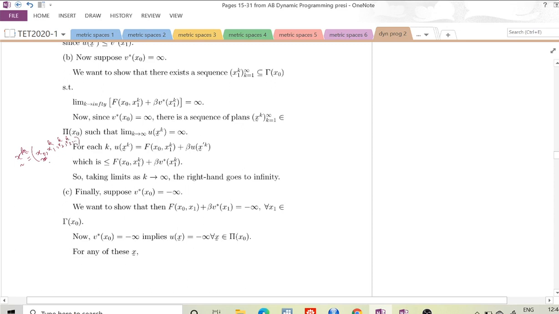Okay, so for each k and x tilde k, you have that this discounted present value is the current reward plus beta times discounted present value from tomorrow. And the discounted present value from tomorrow necessarily is less than or equal to the best that it can be, which is V star starting with x1k. Okay, so what do we have?